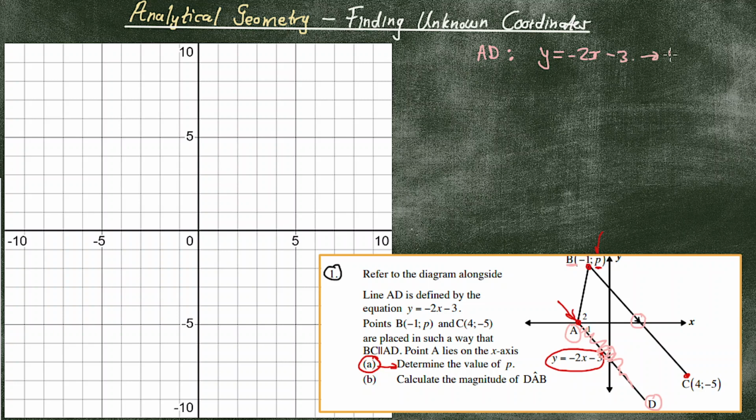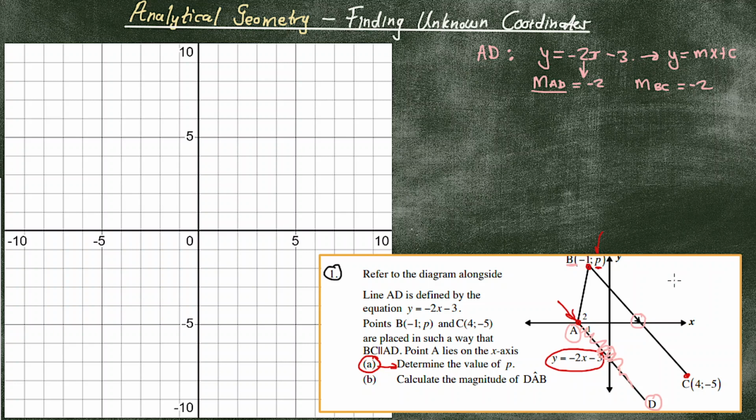We know that a straight line equation is always written as mx plus c. So it means that the minus 2 is the gradient for line AD. So line AD has a gradient of minus 2, so BC will also have a gradient equal to minus 2.